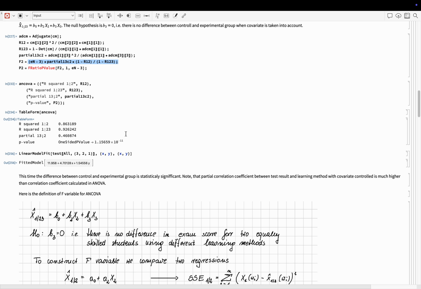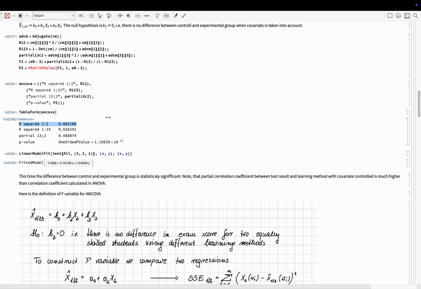And we have the results as follows. First, let us look at correlation coefficients. So this is the correlation between the dependent variable and the covariate, and it is quite large. We have seen that the dependence was strong.